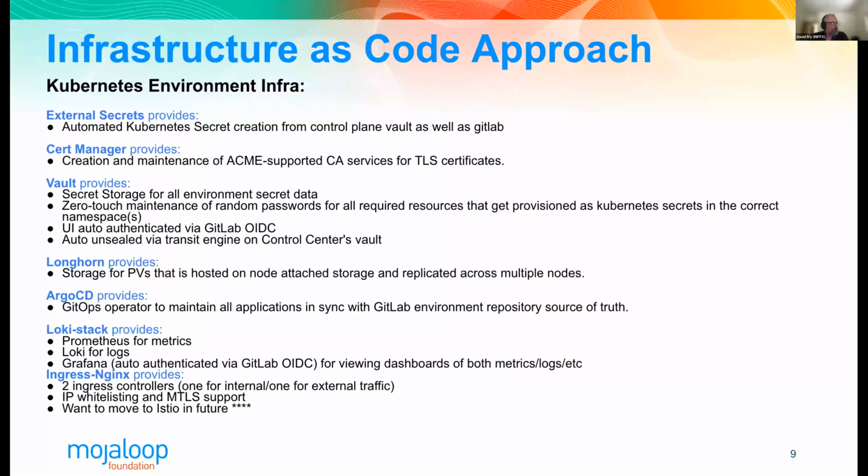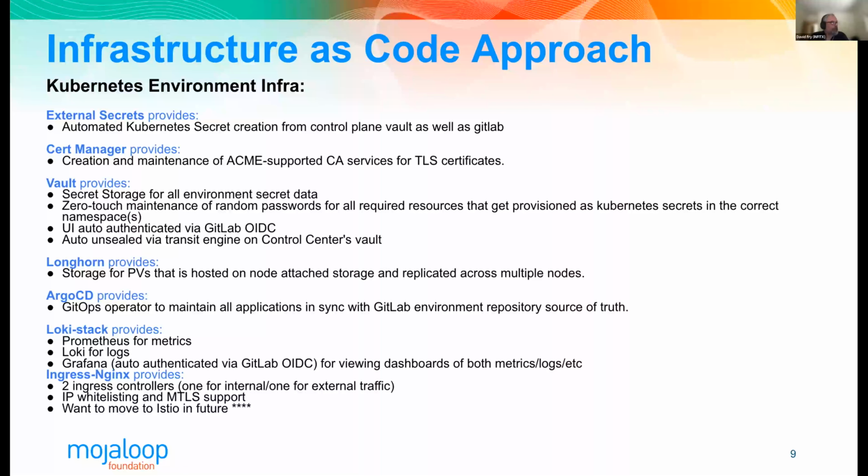So at a bare minimum, it allows us to seed certain information into Vault and have that flow through as Kubernetes secrets using the operator.